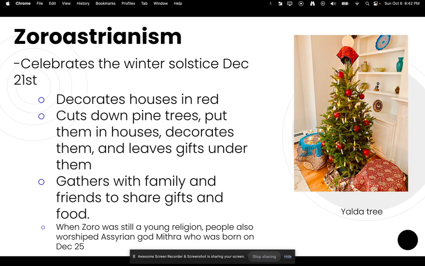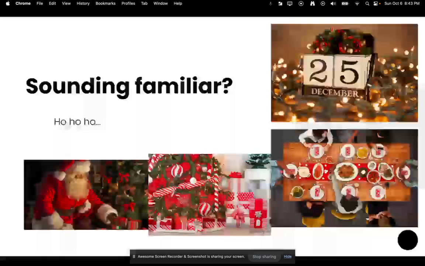And another kind of cool little tip, not as significant, is that when Zoroastrianism was still a young religion, people also would worship the Assyrian god Mithra, who was born on December 25th. So here's a modern day picture of one of those trees that they would decorate. It's called a Yalda tree. Hmm. Yeah, some of this sounds pretty familiar.